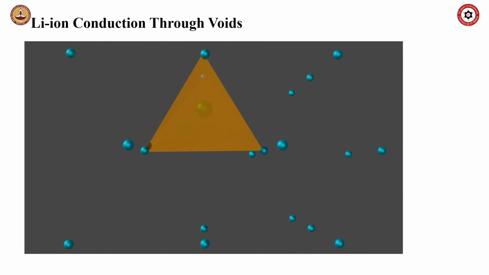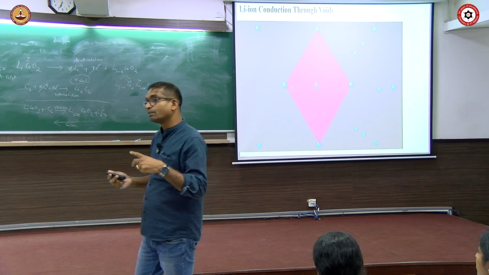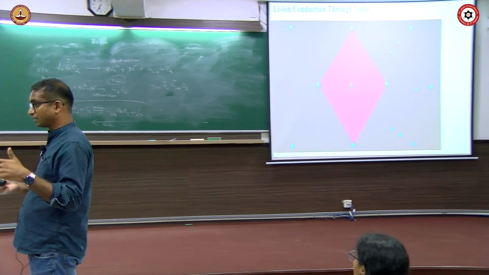You remember, we derived the LiCoO2 structure from the sodium chloride structure. In the sodium chloride structure, were the tetrahedra occupied or empty? Empty. Because we put sodium only in the octahedral voids. We never bothered about tetrahedral voids. So, they are empty. Again, when I derived the LiCoO2 structure from the sodium chloride structure, I only replaced sodium with lithium and cobalt.